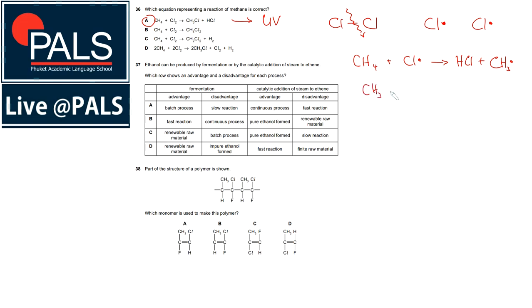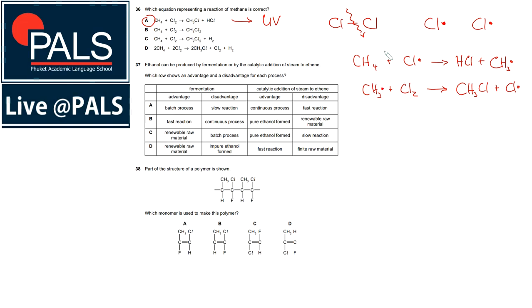The dot here represents the lone electron. It will react with the chlorine molecule, steal a chlorine, and we can see that we now have all our products, and we get another radical.